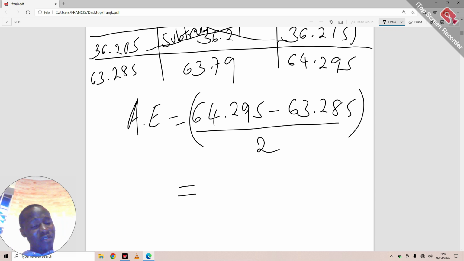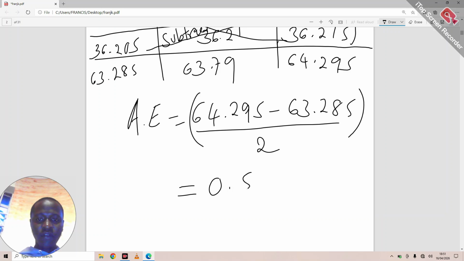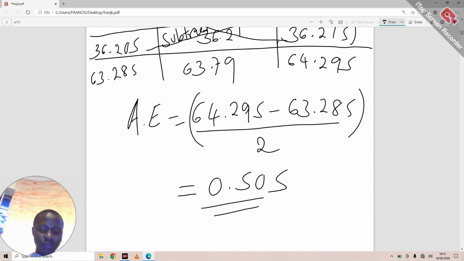And once you have the absolute error, getting percentage error, getting relative error, those won't be difficult. Now, what is our answer there? 64.295 minus 63.285, then divide by 2. So we shall have our answer as 0.505.